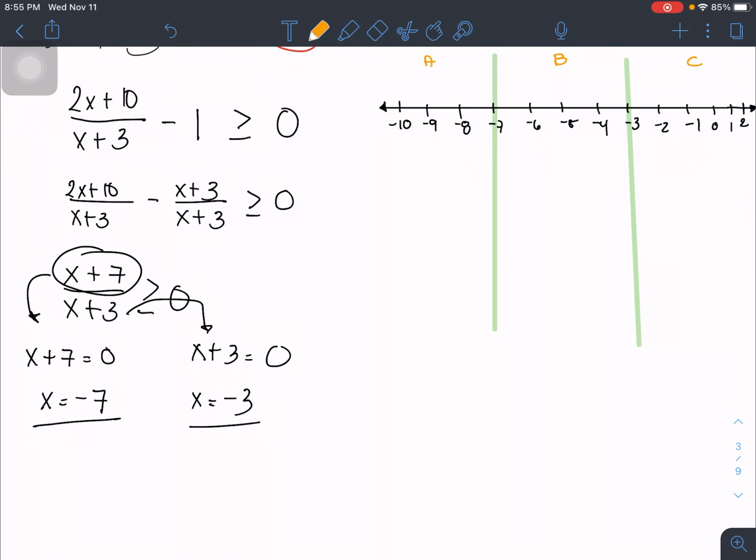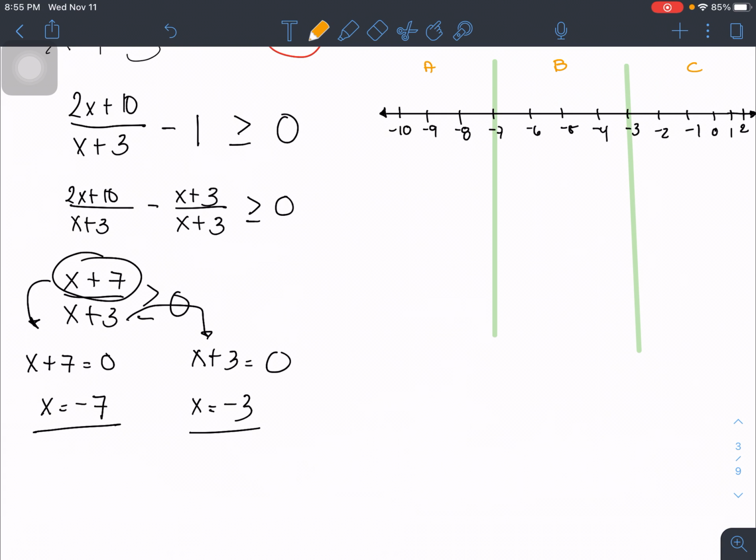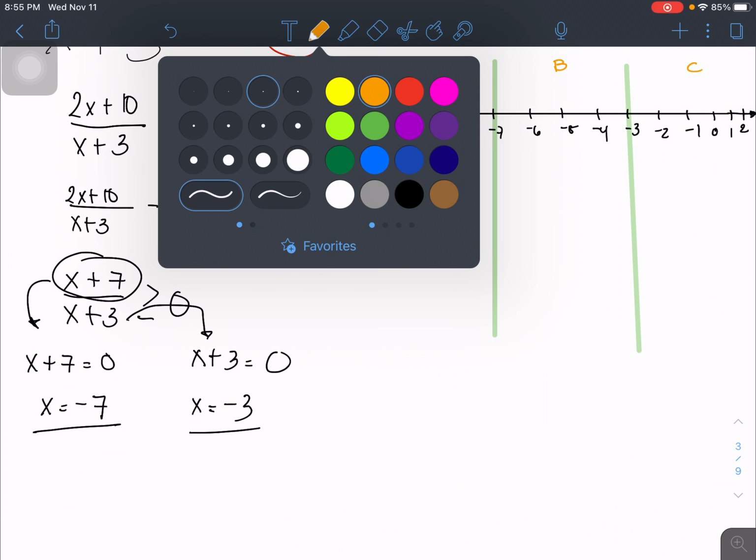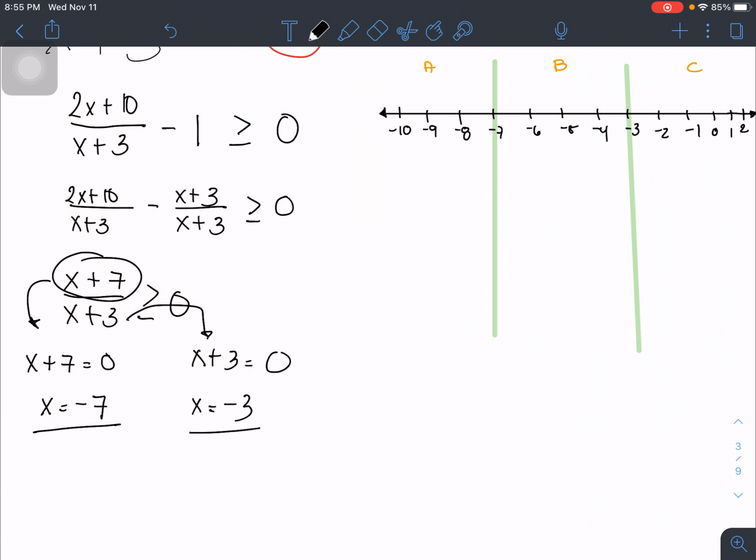Now we have the simplified inequality expression, which is (x + 7) over (x + 3) greater than or equal to 0. Now we will try to prove each region A, B, and C. We prove the arguments in each region, so we just need to pick any number lying on that region.